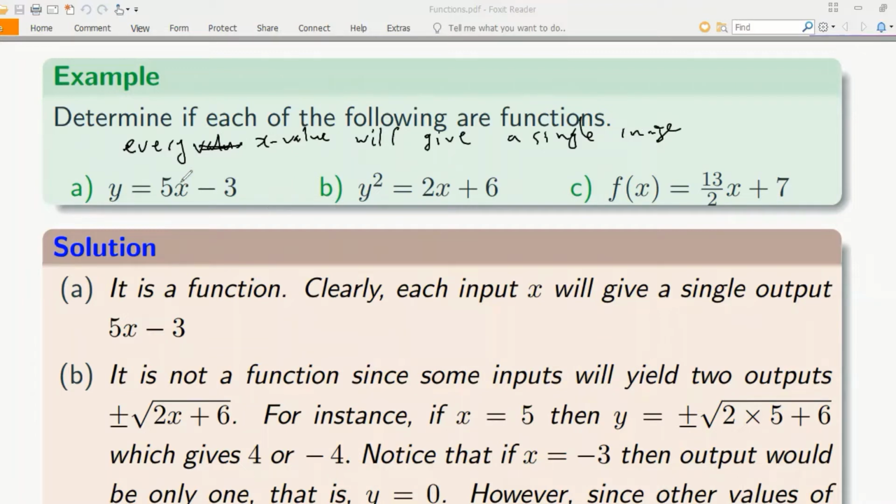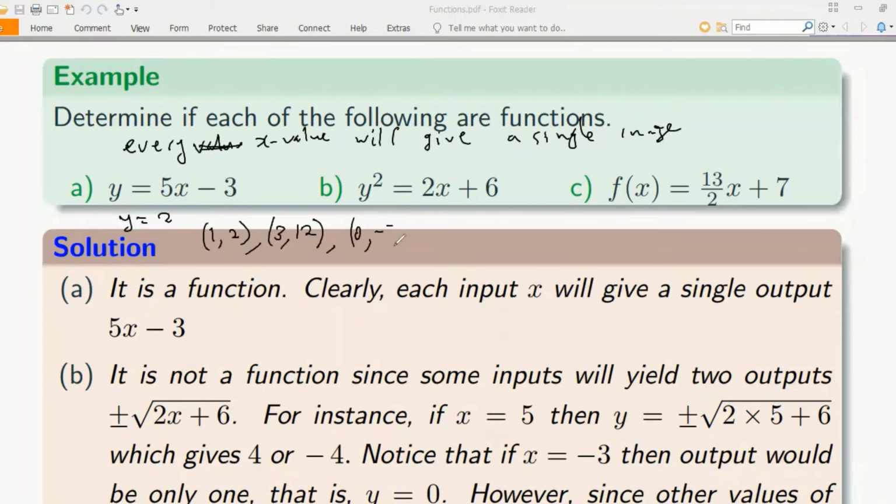this one, if I was to plug in x equals 1, then y would be 2. So you can see that the object 1 has given me image 2. If I was to plug in 3, this would be 15 minus 3, and that would be 12. So object 3 would give an image 12. If I was to plug in 0, what would be the image?